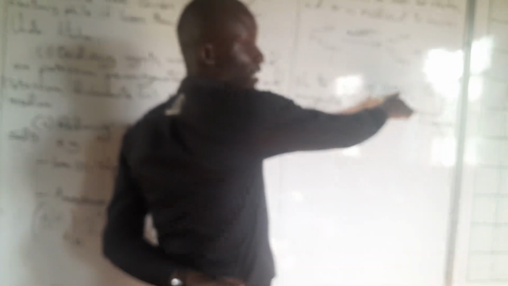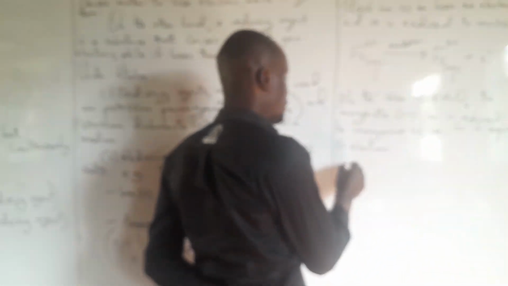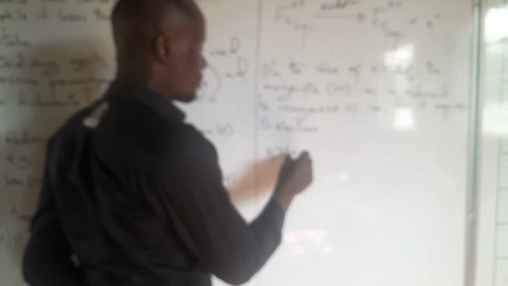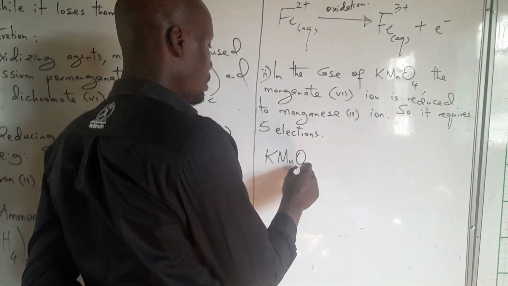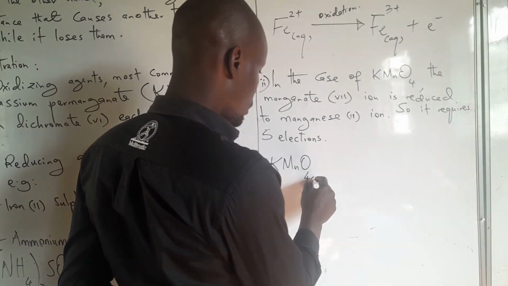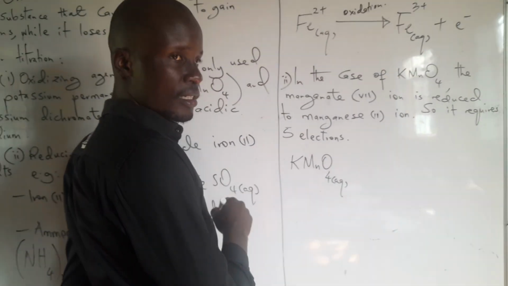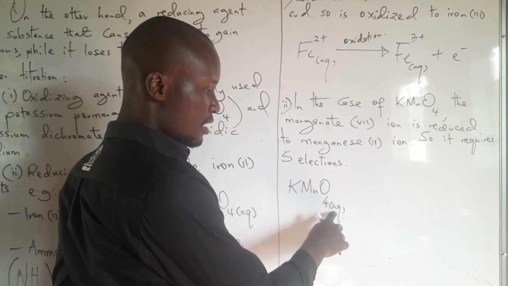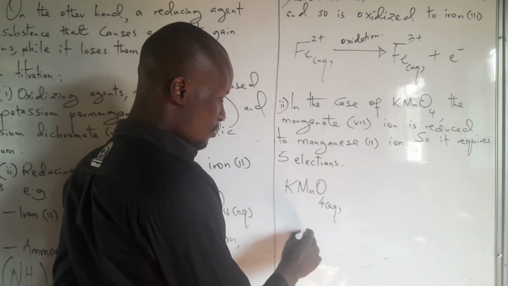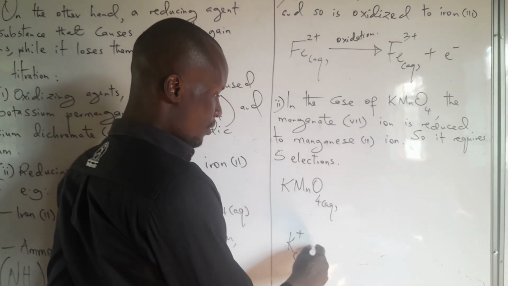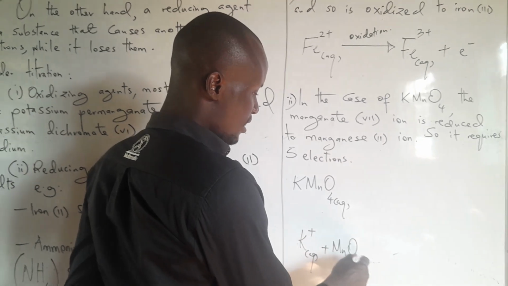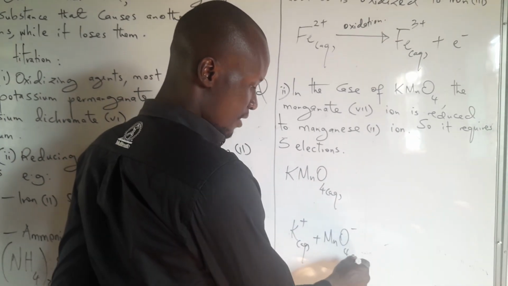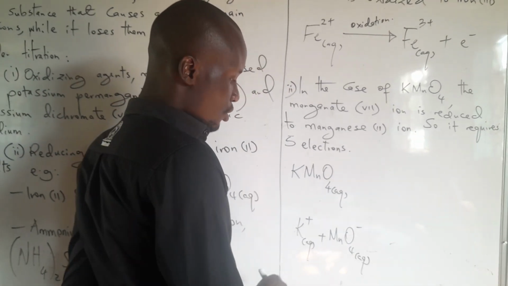This one is acidified, so it exists as a solution like that. Inside this solution, we have potassium ions aqueous, and we have manganate(VII) aqueous.